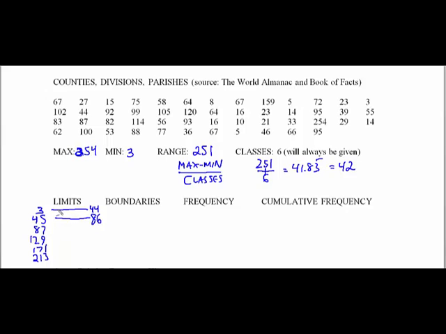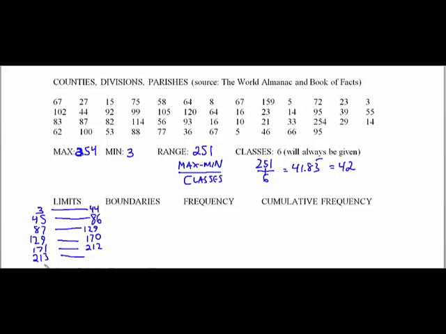So if you have a state that's between 3 and 44, you're going to put it in this first group. And if you have a state between 45 and 86, you're going to put it in the second group. And this is going to go 87 to 129, 129 to 170, 171 to 212, and 213.